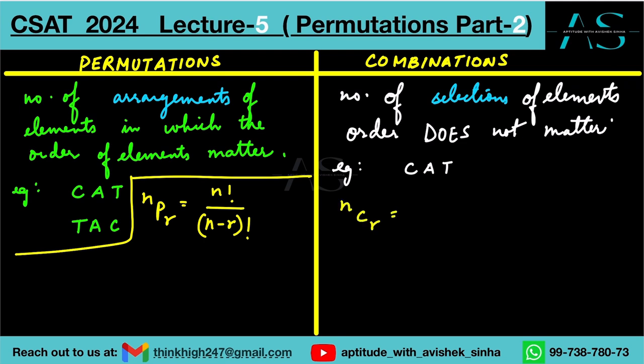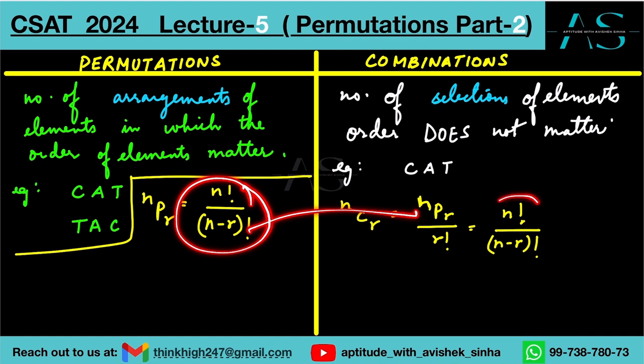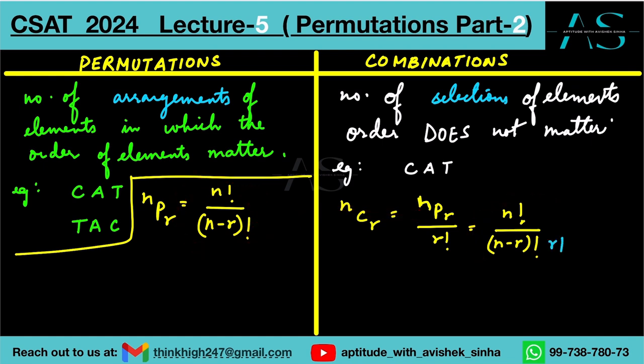And what is NCR? NPR upon r factorial. Now what is this? This is simply n factorial upon n minus r whole factorial. That is the formula for permutation upon this r factorial.